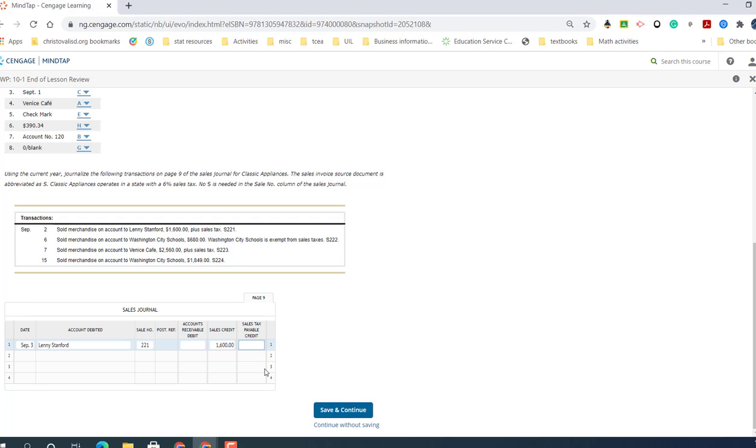6% of $1,600 comes out to be $96. So the sales tax credit is $96, and the accounts receivable is going to be $1,696. Let's look at the next one. On the 6th, we don't put the word September this time.